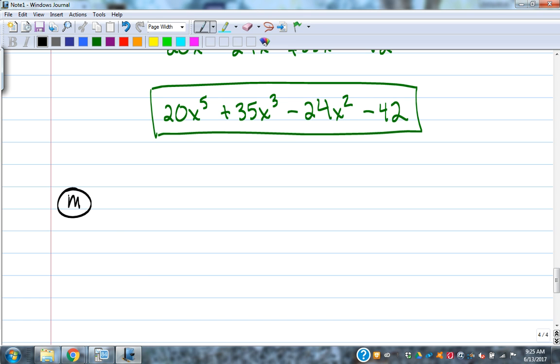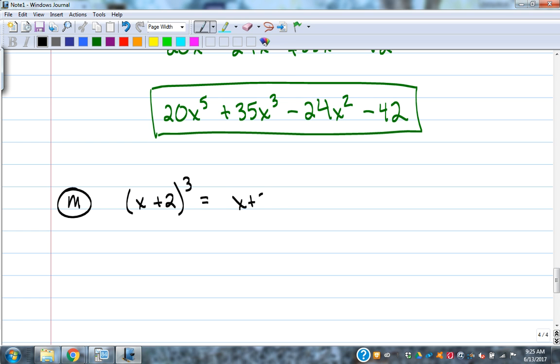Last example of this type: x plus 2 to the third power. What does it mean to take something to the third power? Multiply it times itself. There's 3 of them.